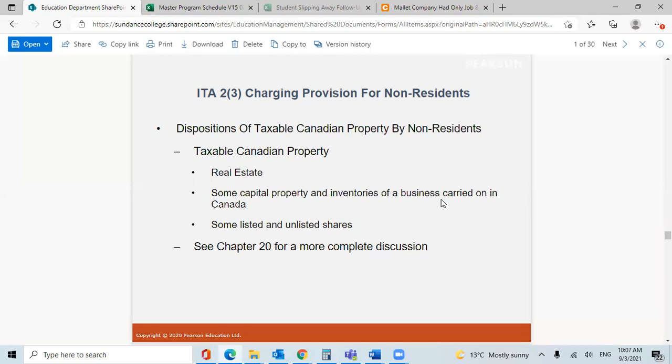And then number three is unlisted shares, an interest in a partnership or an interest in a trust, where at any time within the preceding 60 months, more than 50% of the fair market value of the shares or interest was derived from certain property, including Canadian real property, Canadian resource property, and timber resource property. So the shares, and those are the gains when you make money from it. The capital gain will be subject to Canadian income taxes. We're going to talk about this more in chapter 20 for the selling or disposition of taxable Canadian property.